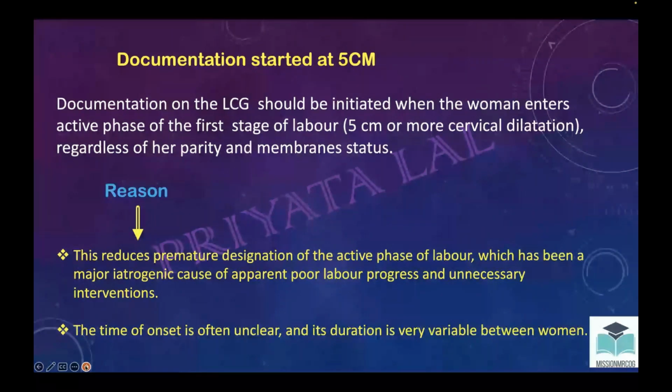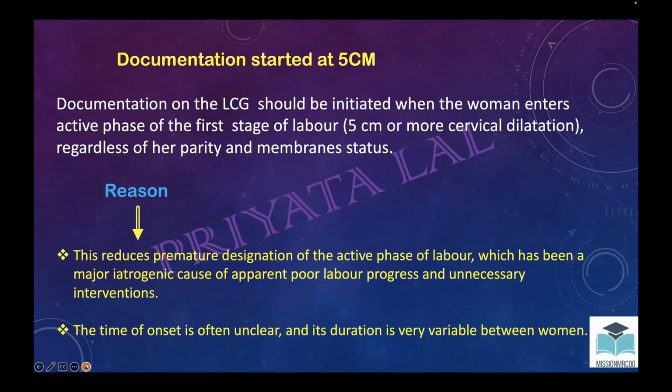Previously they used to put it at 4 centimeters, and this phase is variable, and also the observation of people will be different, and because of that, a poor designation of prolonged labor used to be made, with unnecessary interventions. The main reason for starting documentation at 5 centimeters is to prevent premature designation of the active phase of labor, and also to avoid unnecessary intervention in labor. So this is the main reason for it.